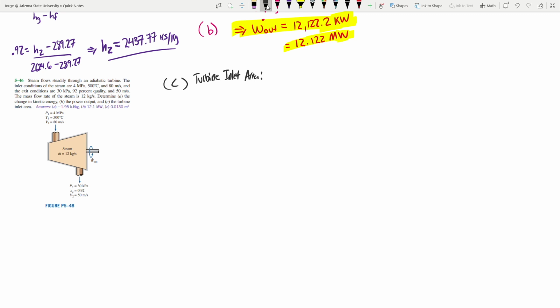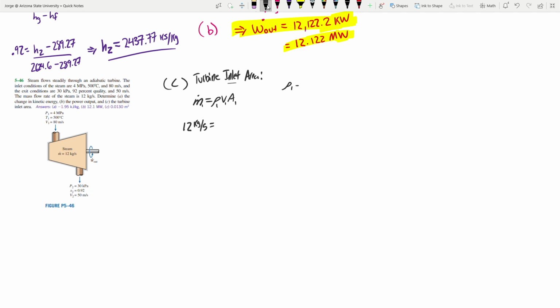Okay, so one equation that I know for sure that we can obtain area from is the mass flow rate equation. So we know that mass flow rate is rho VA. Of course, since it's an inlet area, these are all inlets. And we know m dot, which is 12 kilograms per second.